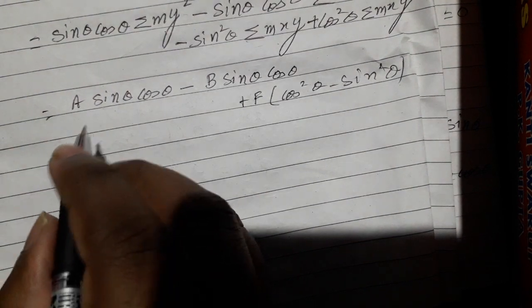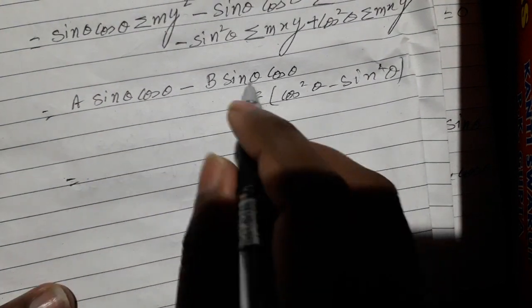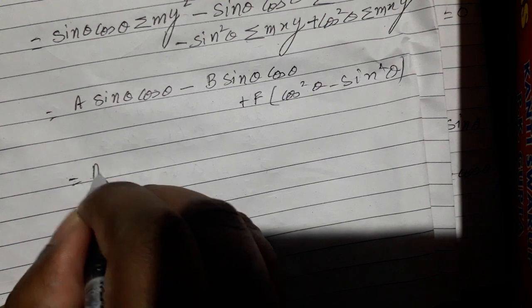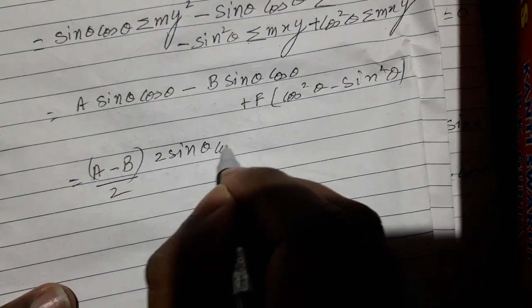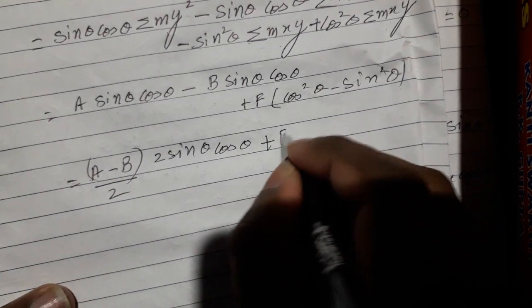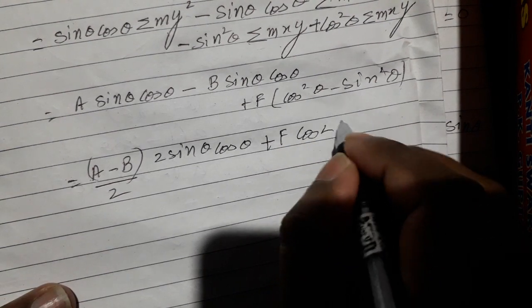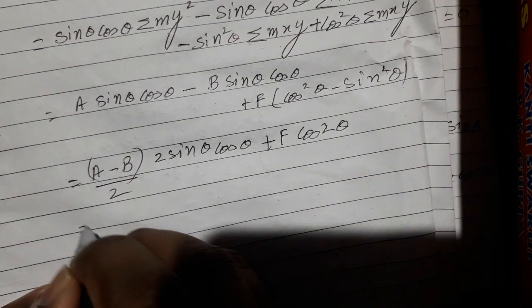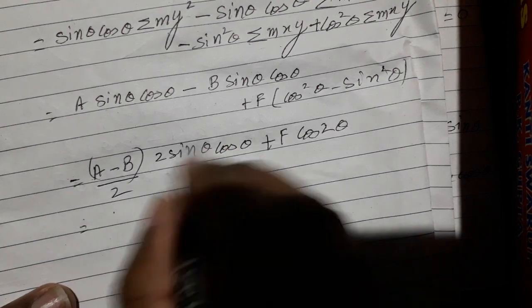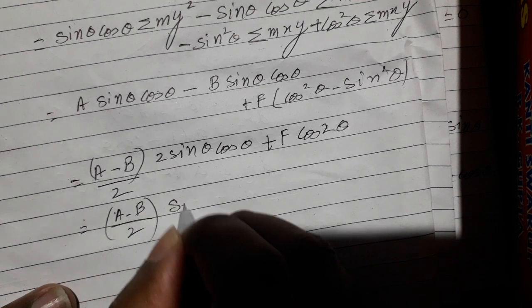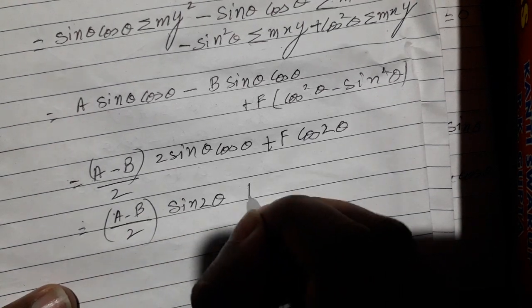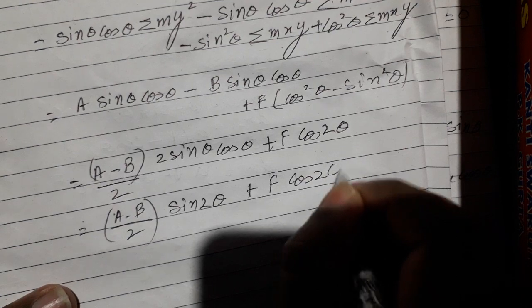Taking the common terms, we get A minus B, and if I put a 2 here, it is 2 sine theta cos theta, which is sine 2 theta, plus F cos 2 theta. So we get (A minus B) by 2 sine 2 theta plus F cos 2 theta.